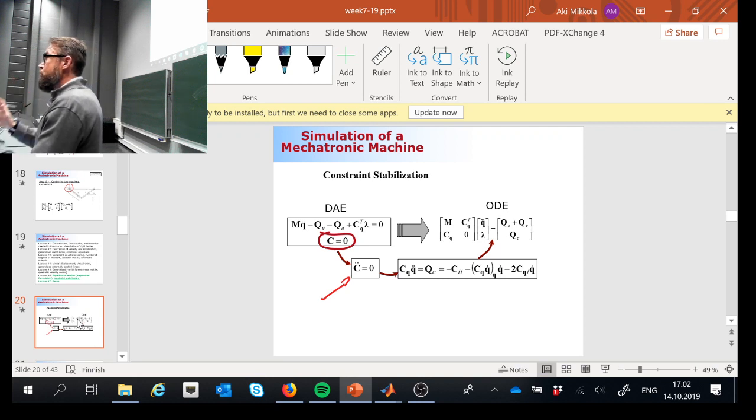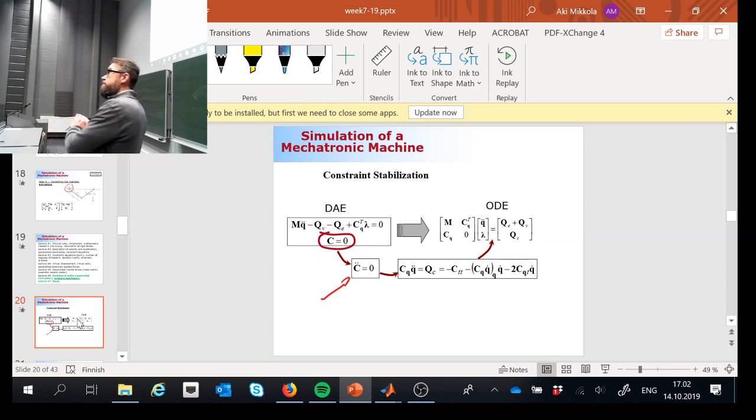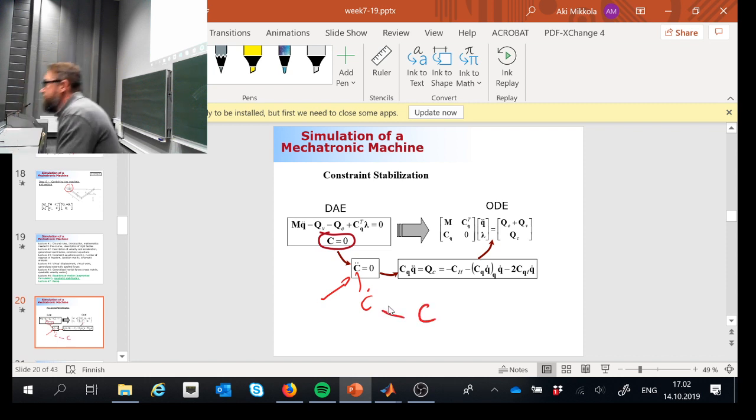And of course I wanted that to happen, but more important than that, I wanted them to be fulfilled at the position level. Because what happens in a simulation procedure is that you go down here to the velocity level, and then you go down to the position level. What are you doing in each step when you do that? You can introduce a tiny amount of errors. And it's possible that once you have more errors and they keep on accumulating, the constraints are no longer fulfilled at the position level.